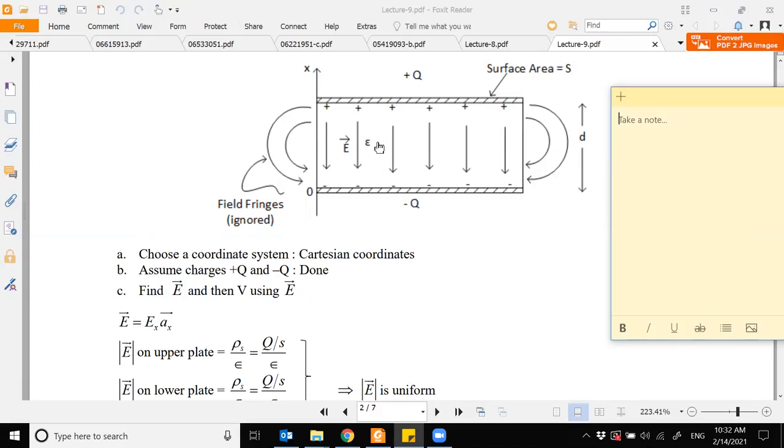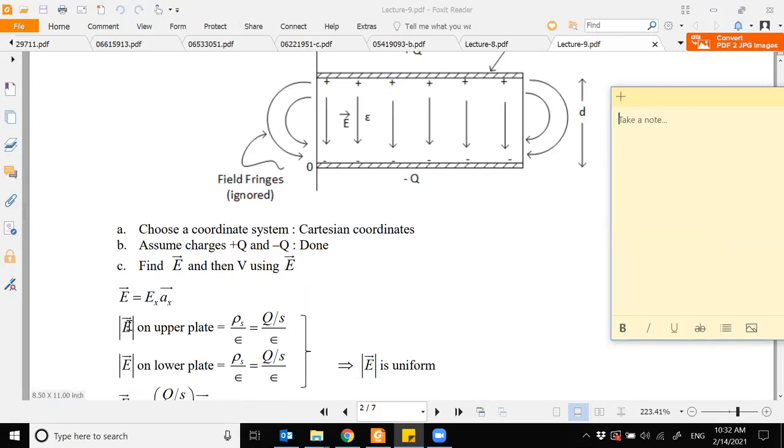I'm also assuming that the space between these two conductors is filled with a dielectric material, which has a permittivity of epsilon. I'm not assuming free space, but any material.